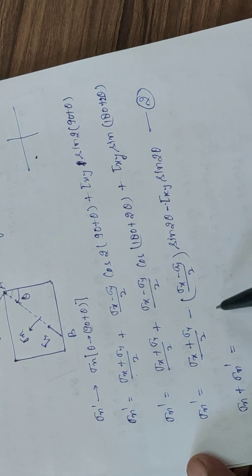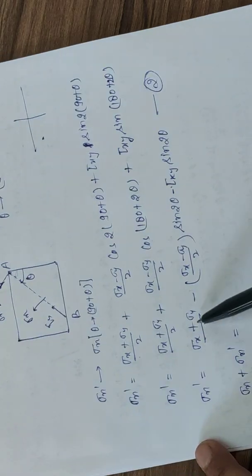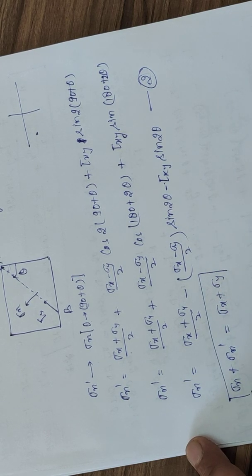Sigma n plus sigma n dash will be sigma x plus sigma y by 2 plus sigma x plus sigma y by 2. Finally we will have sigma x plus sigma y. So, we can say that the addition of normal stresses on two mutually perpendicular planes is equal to sigma x plus sigma y.